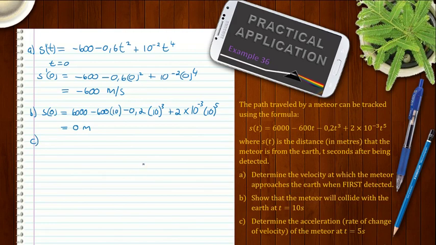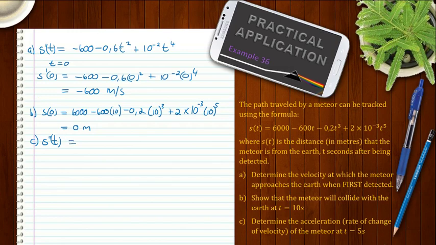Alright, so for C, determine the acceleration, the rate of change of velocity, of the meteor at 5 seconds. Basically we already have the equation for velocity. That's the first derivative. So if we now need the acceleration, which is the rate of change of the first derivative, we need to get the second derivative, or the derivative of the first derivative.